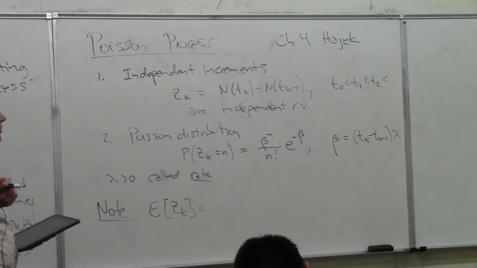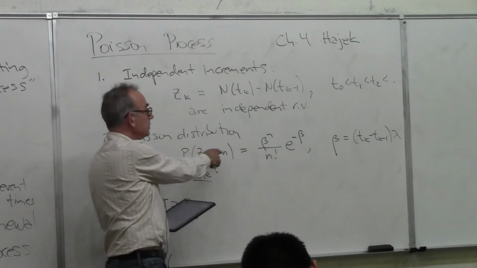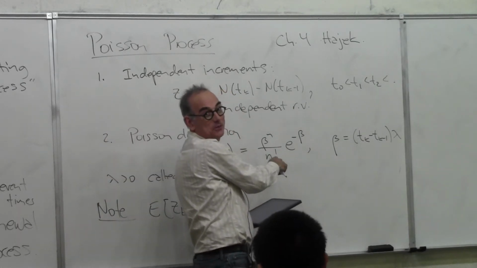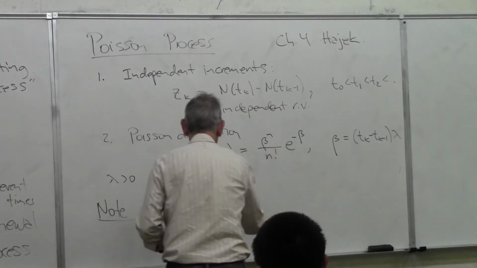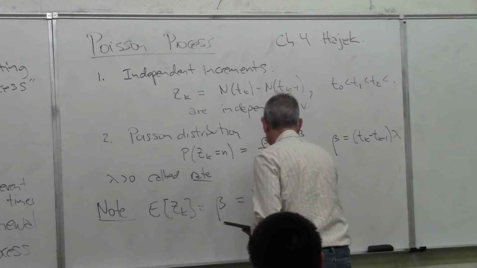If you work it out, you can compute it pretty easily. You just sum over n times the probability that Z_k equals n. It's not that hard because n over n factorial simplifies, not too difficult. So it turns out to be lambda, and that's actually equal to the variance as well.